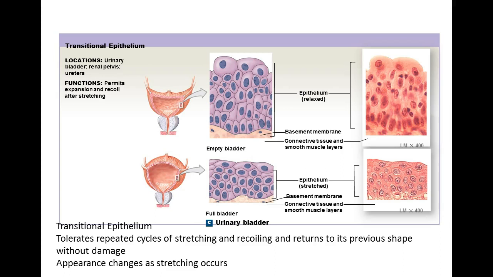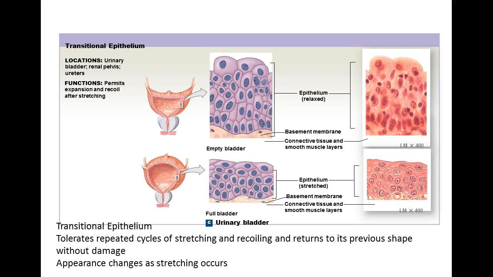Transitional epithelium, I talked about this a little bit already in terms of the urinary bladder. A little bit with the renal pelvis and the ureters, because what happens is it allows for this expansion and then coming back into the same shape, and that happens in the bladder all the time. Comparing the bladder to the stomach, if you eat a big meal, your stomach, your abdominal area on the outside, you visibly can see that it changes shape.